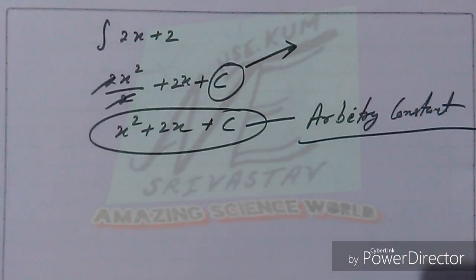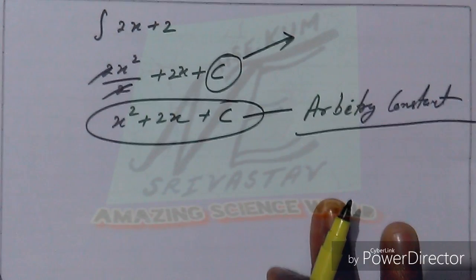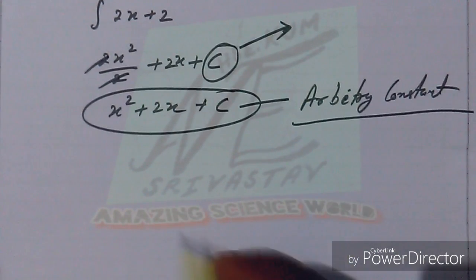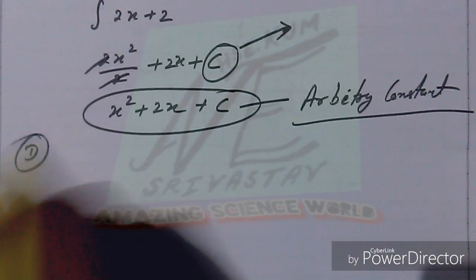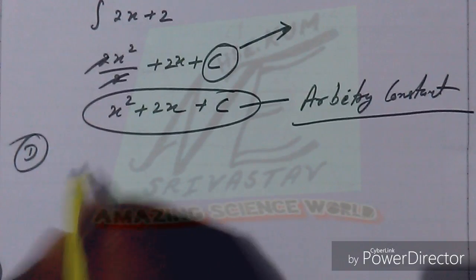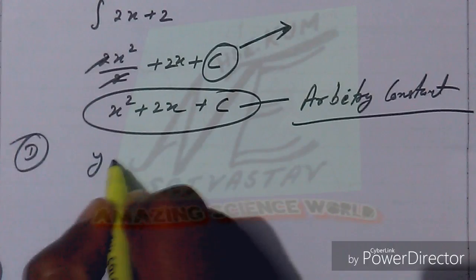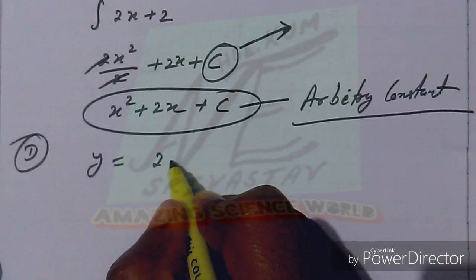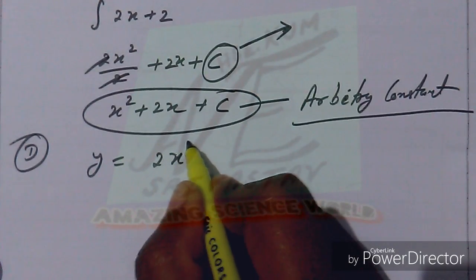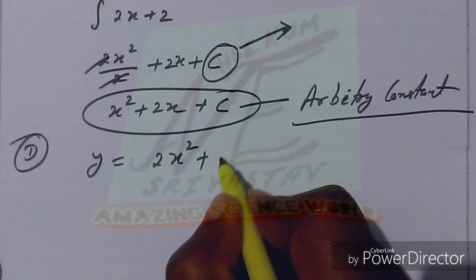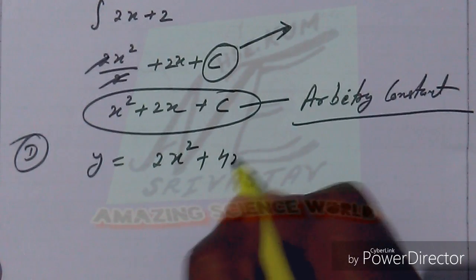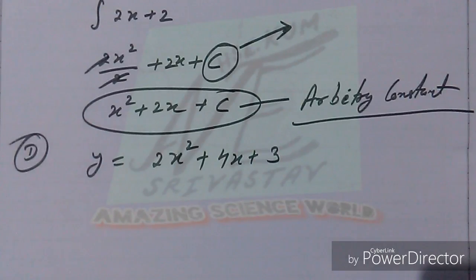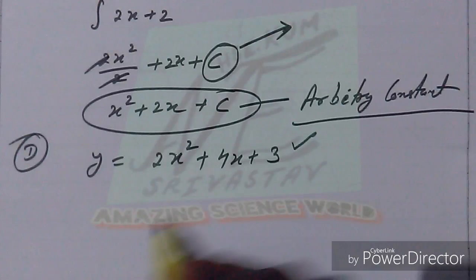Friends, that is an arbitrary constant. And why do we take it in integration? Let me explain with an example. Take y equals 2x square plus 4x plus 3, and we integrate it.